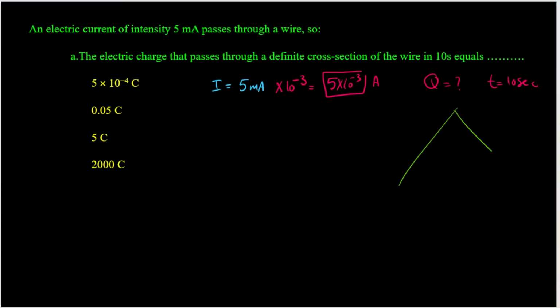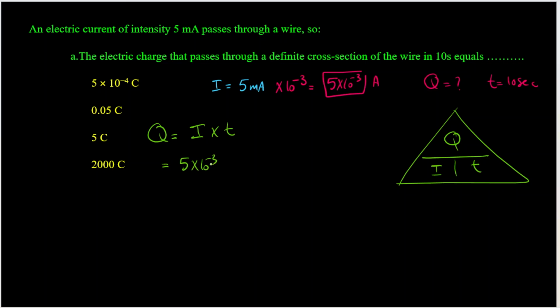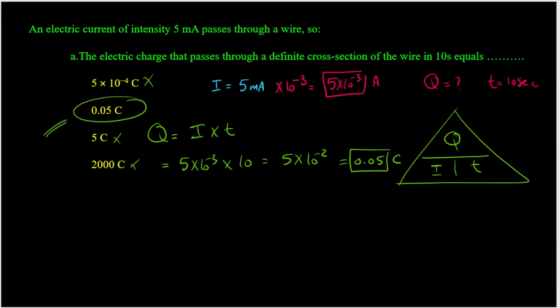You know that I is equal to Q over T. So if you want to calculate Q, you multiply I times T. We have I after conversion, 5 times 10 power negative 3, and time is equal to 10. So this is equal to 5 times 10 power negative 2, which is equivalent to 0.05, and its measuring unit is coulomb. So this is wrong, this is right, wrong, wrong. So the answer is B.